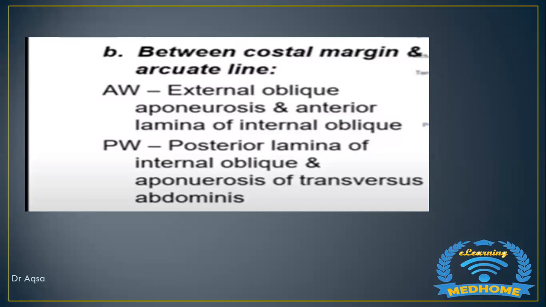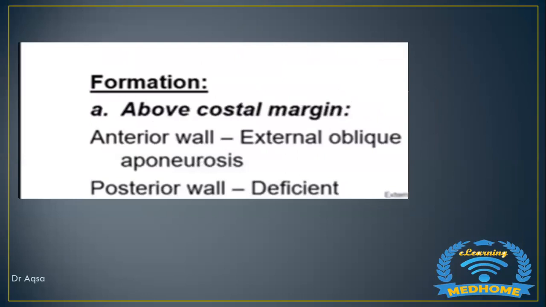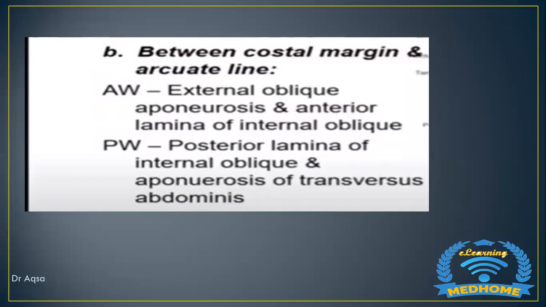So now you can see the difference: above the costal margin, the posterior wall is deficient. But in between the costal margin and the arcuate line, the rectus sheath posteriorly is also present. And how is it formed? It is formed by the aponeurosis of the transversus abdominis muscle and the posterior lamina of the internal oblique muscle.